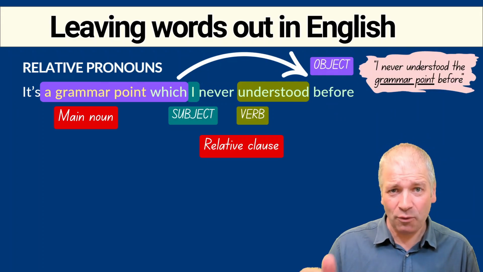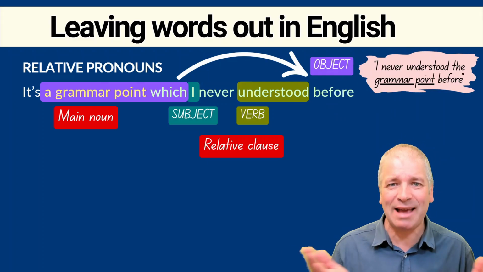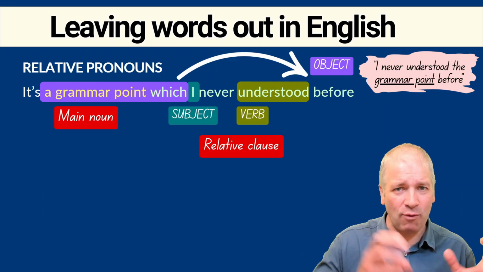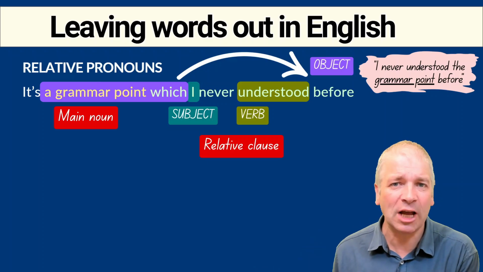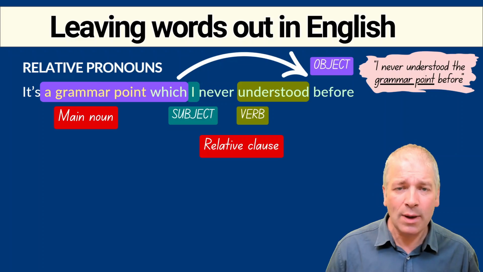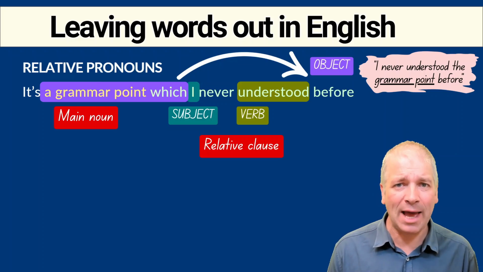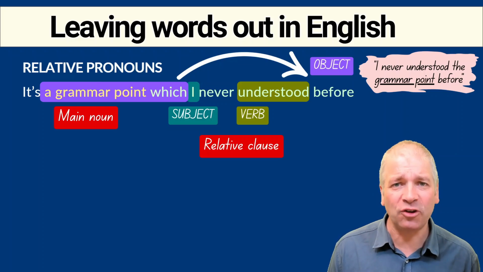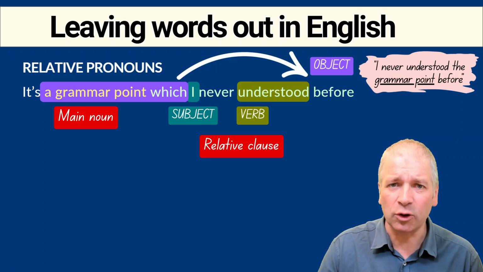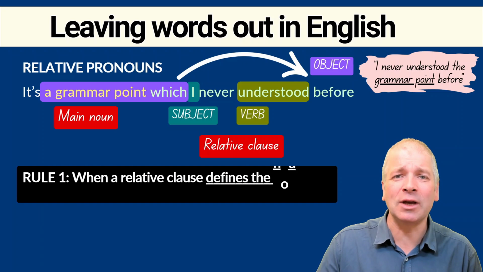So if we were to write this relative clause out as a sentence, we would take grammar point and we would put it in the object position. So we know here that which, the relative pronoun, is actually the object of the relative clause. So why is this important? Well, it affects the words that you can leave out.